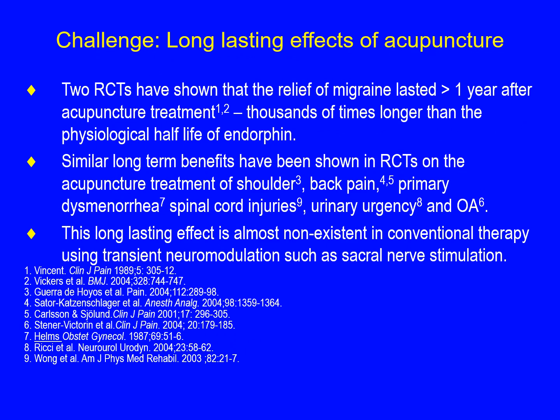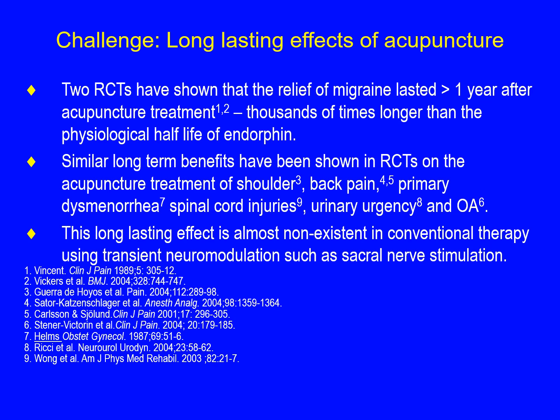Another challenge is the long-lasting effects of acupuncture. Two randomized controlled trials have shown that the relief of migraine lasted more than a year after the cessation of acupuncture treatment. This is thousands of times longer than the physiological half-life of endorphin.